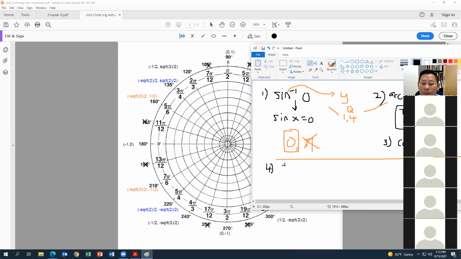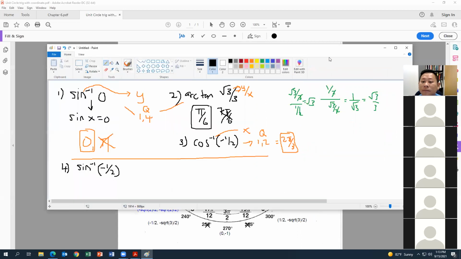What is the inverse sine of negative 1/2? Again, sine is for which quadrants?